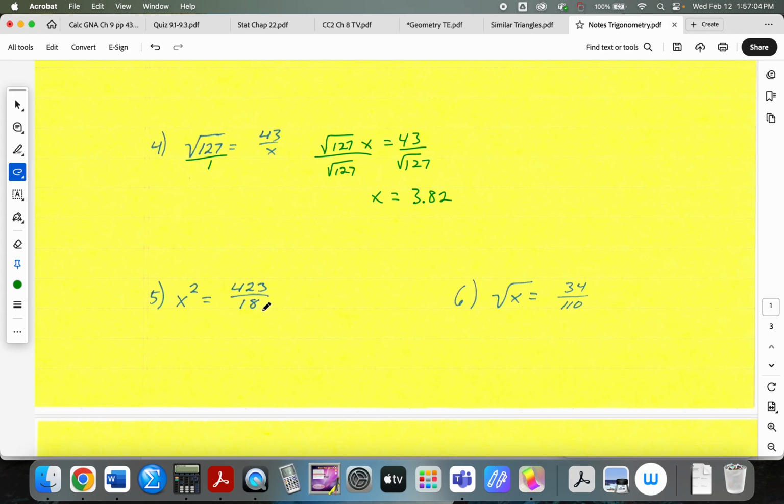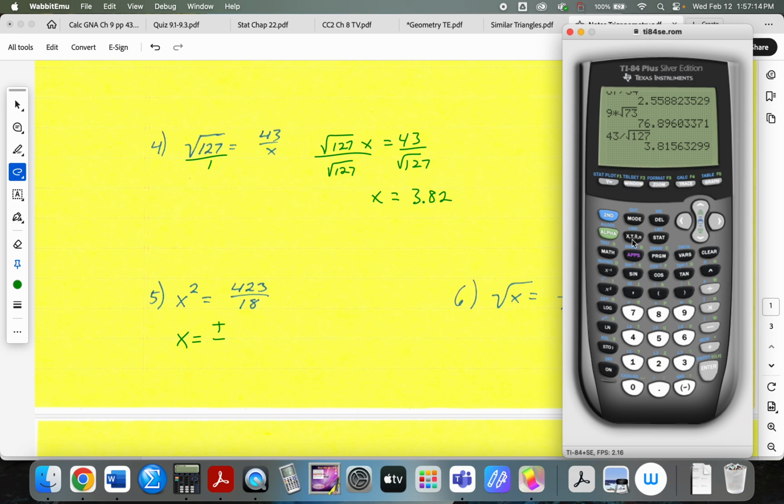And we need to take both the positive and the negative square root. So x is going to be equal to plus or minus. We're going to get two different answers. I'm going to take the square root of 423 divided by 18. And we get 4.85.